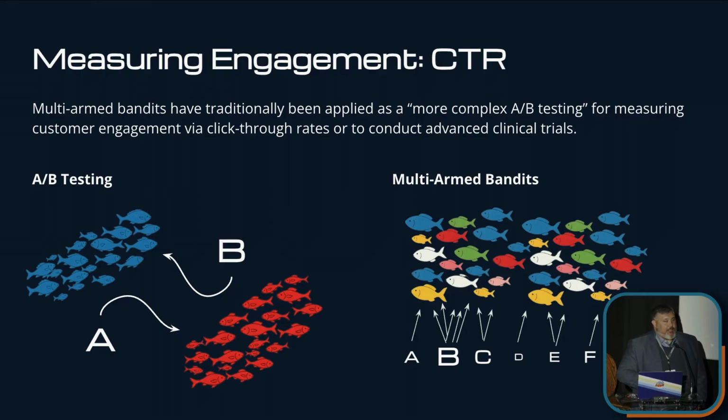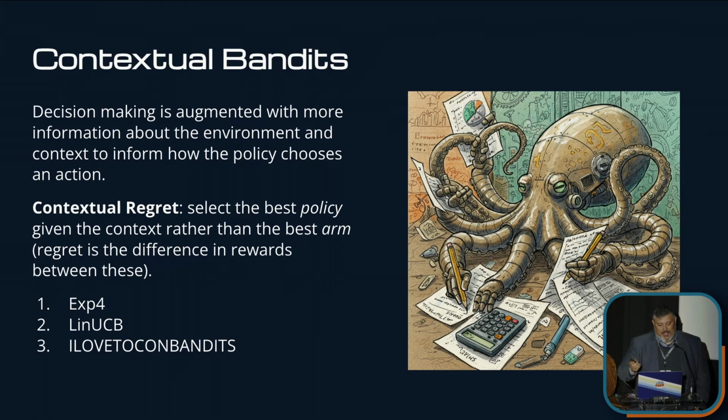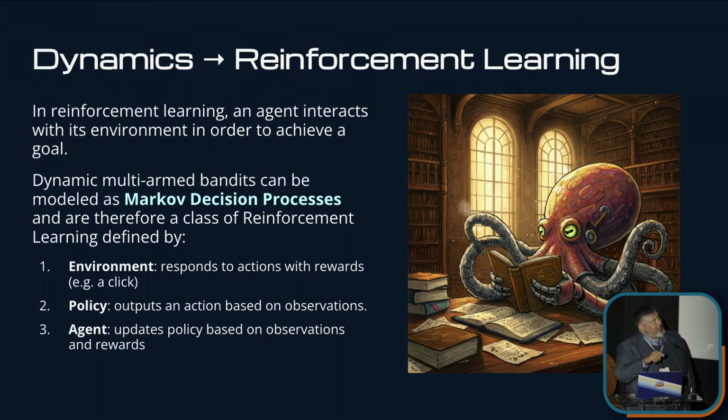And importantly, you don't have to fix the experiment time, right? Which leads to an important variant, the contextual bandits. But I will say that that act of dynamics really makes multi-armed bandits a form of machine learning.